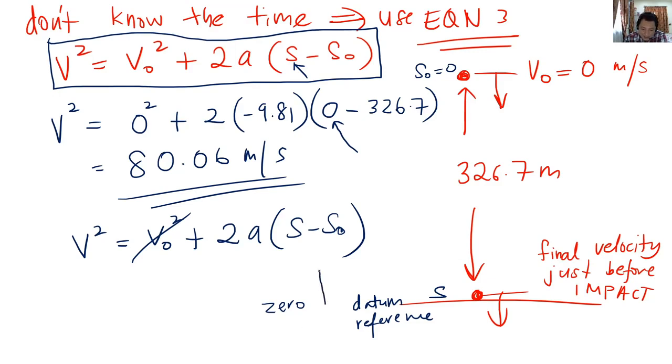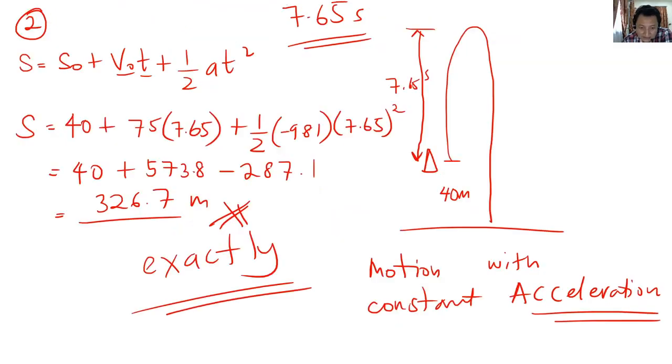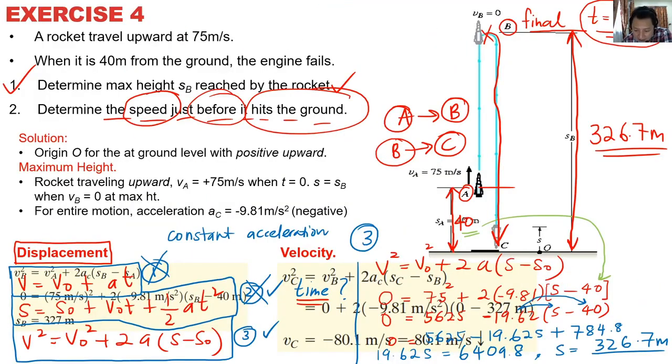We take positive going up, displacement as positive. Since the final location is on the floor, this is the final displacement, so put it as 0. That's why we get a negative value and it becomes positive again. And the final is about 80 meters per second. So let's check it out. Total answer: yeah, it's actually negative 80.1, depending on how you calculate. 80.1 meters per second.